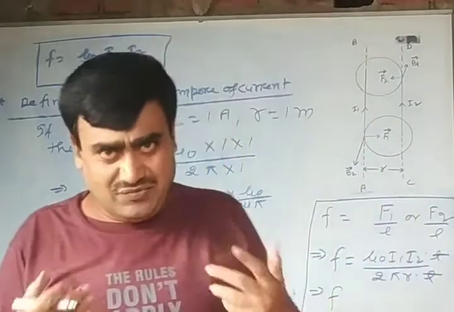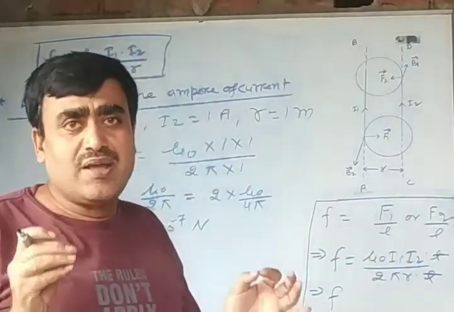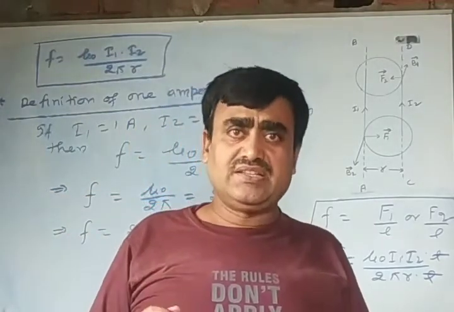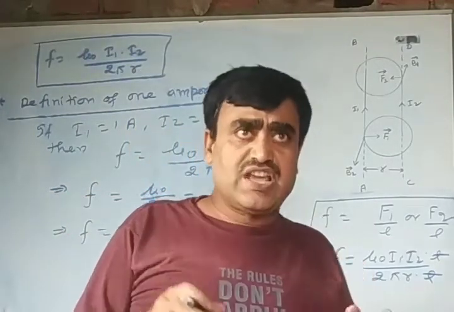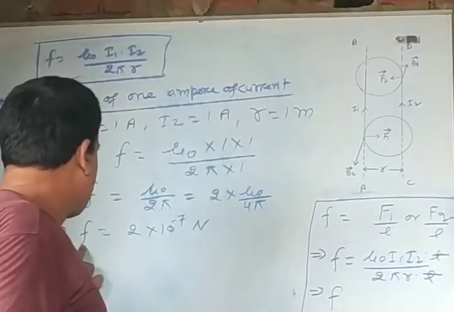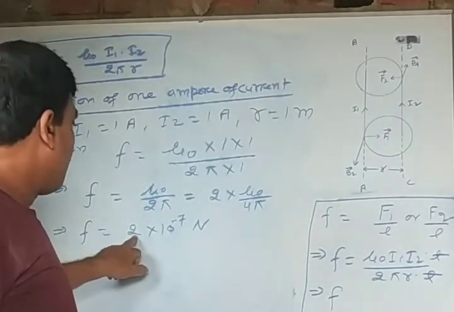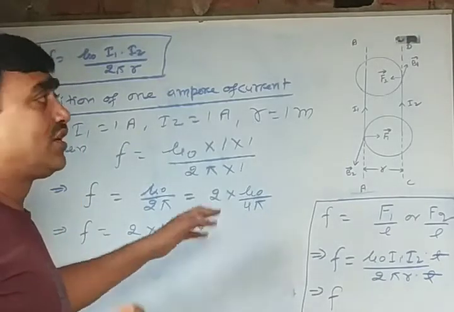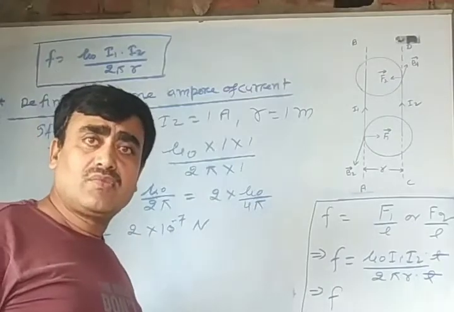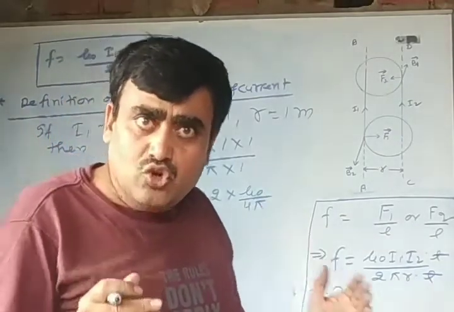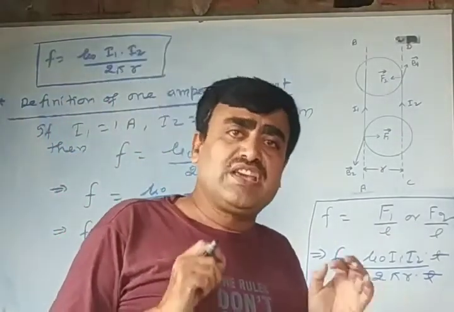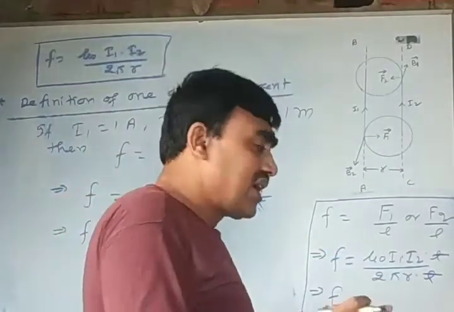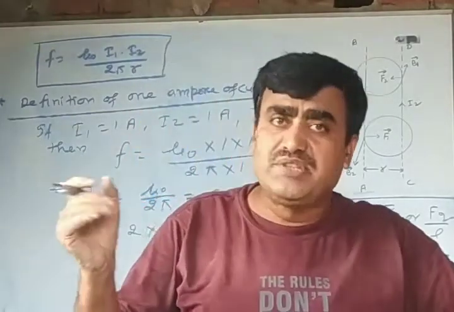Again we repeat, 1 ampere is that amount of current which produces a force of 2 into 10 to the power minus 7 Newton per unit length of the conductor when both wires are placed at a distance of 1 meter.